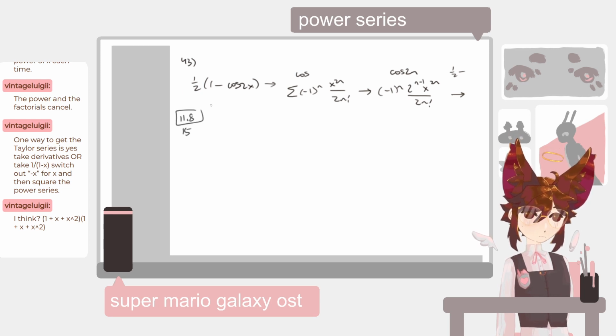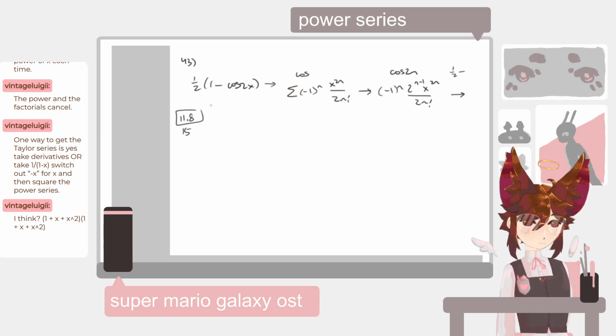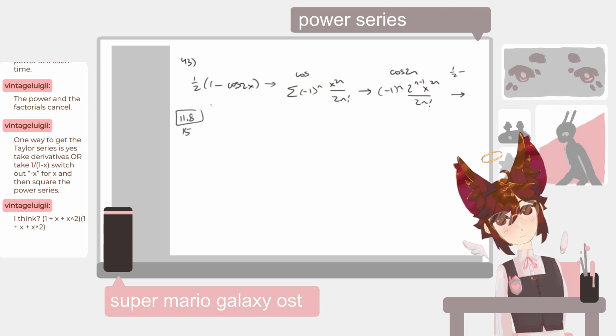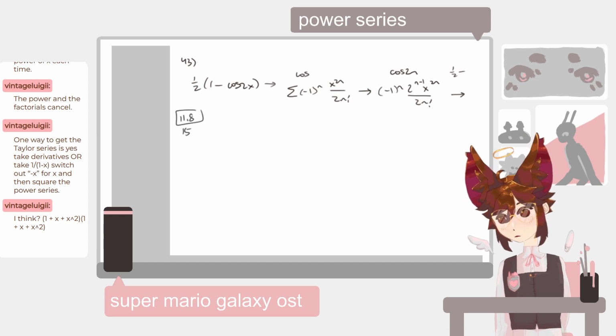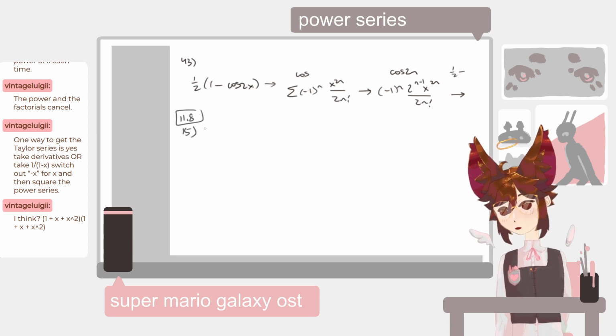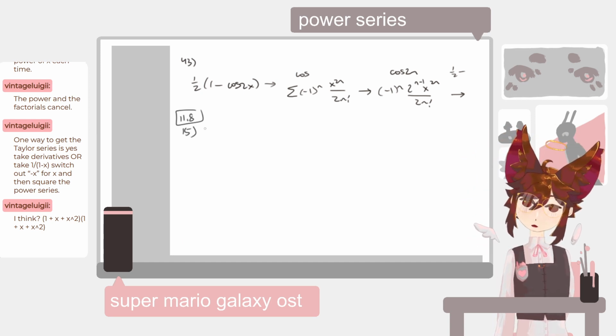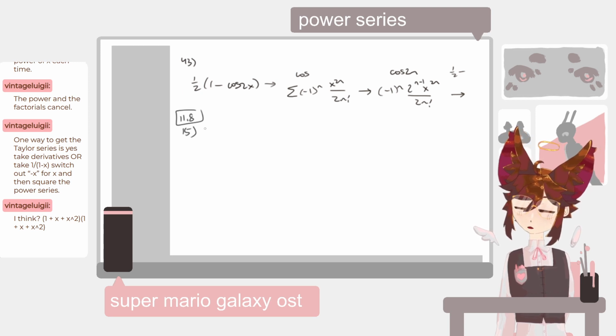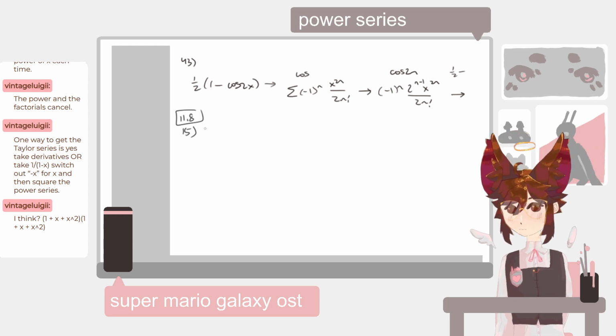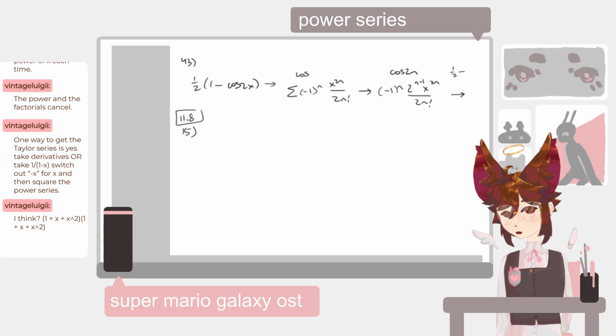I think 1 plus x squared times 1 plus x squared? I don't know about that. It's hard because you have to know what to compare it to. And when you're dealing with squares and stuff, I just would rather it be simple, like tan inverse or something.